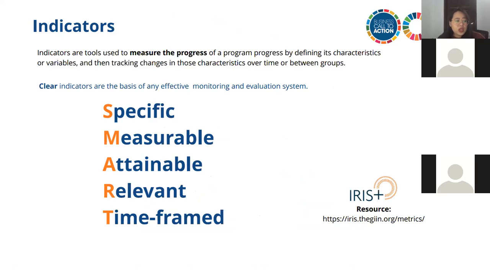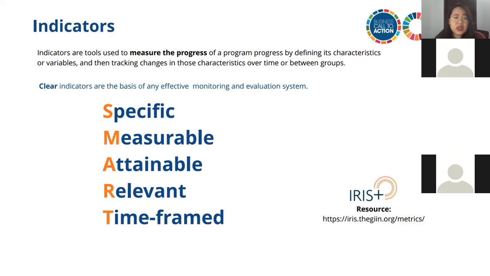Okay, so you heard me talking about indicators earlier. Indicators are tools used to measure the progress of a program by defining its characteristics or variables, and then tracking changes in those characteristics over time or between groups. So as you can see here on the screen, the SMART framework is a basis for clear indicators, okay?